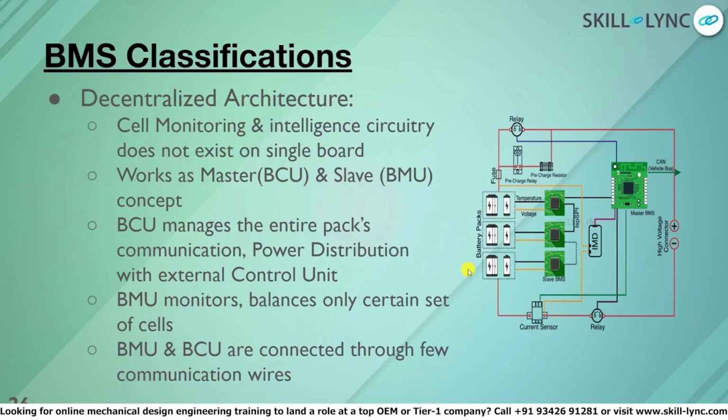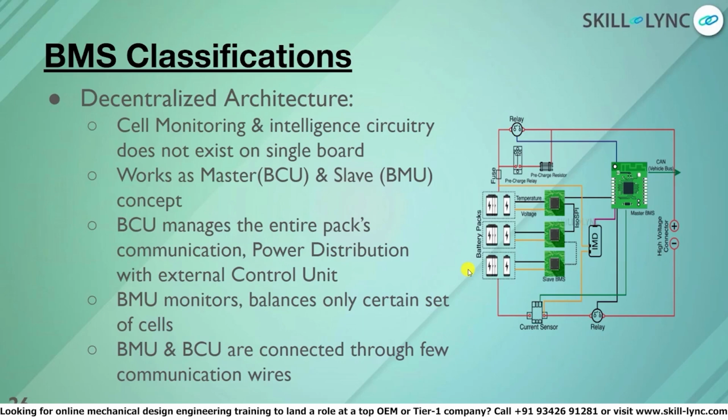When it comes to BMU and BCU, BMU is called the battery monitoring unit and BCU is called the battery control unit. When it comes to the functionality of BMU and BCU, BMU monitors the voltages and temperatures at the module level.